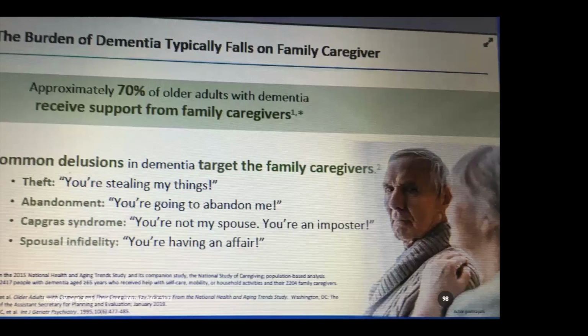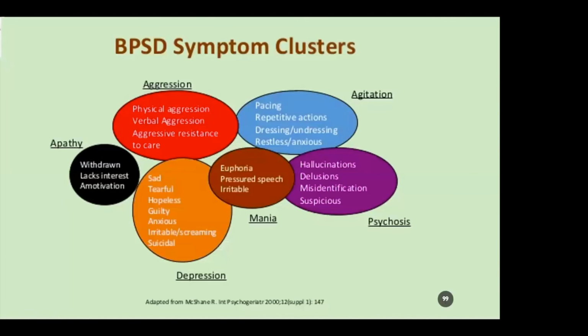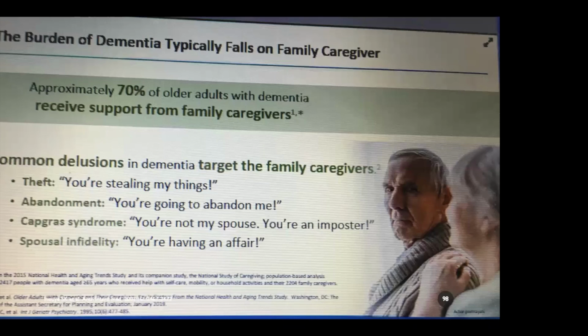Next slide. And we know that in dementia, typically family caregivers take care of people with dementia. Next slide. So common delusions in dementia are, you're stealing my things. Abandonment, you're going to abandon me. You're not my spouse, you're an imposter.